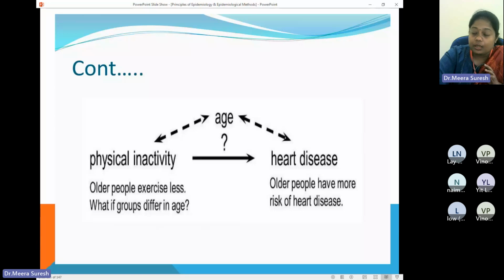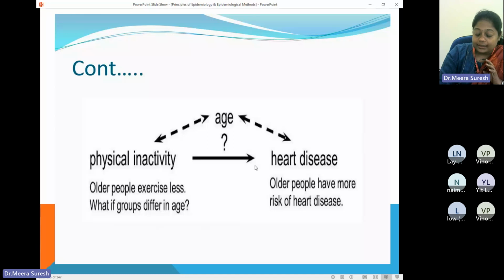And it is also a fact that people who are aged can't do much physical activity. So age becomes an extraneous factor or confounder here. If you don't consider age, your report will say physical inactivity leads to heart disease, which may be true in young people, but not true in old people. So your study has an error there.